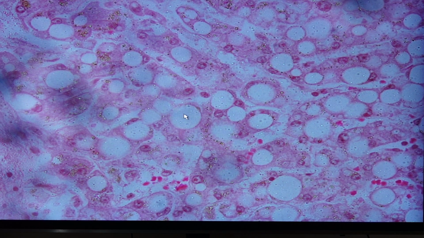So it is non-specific. It can be seen in several diseases or conditions. So this is common, especially right now.